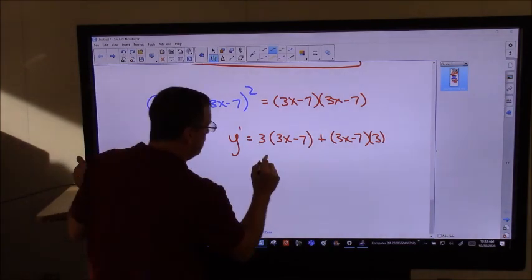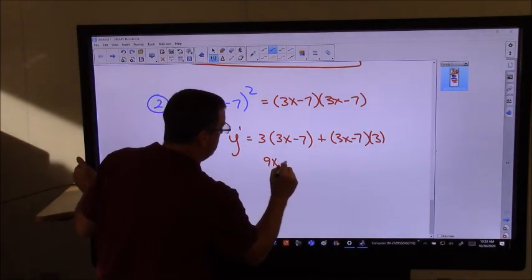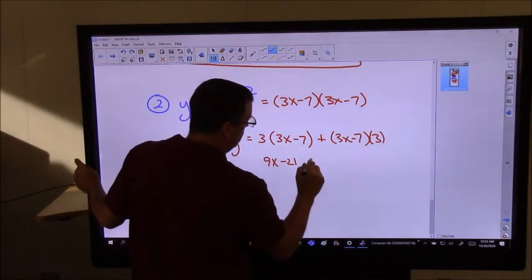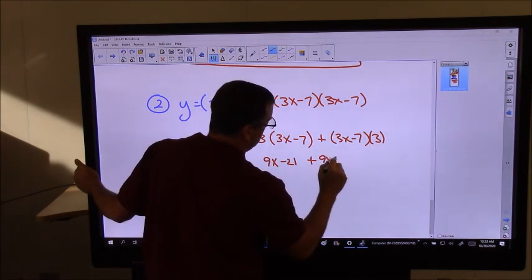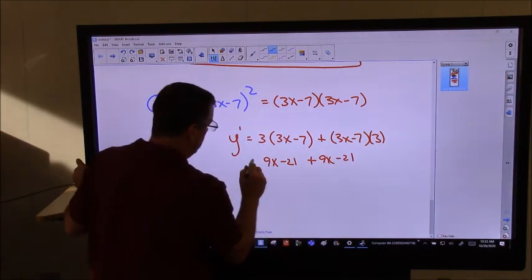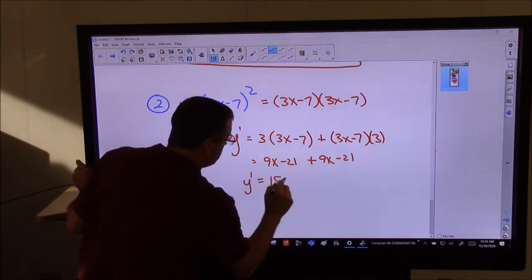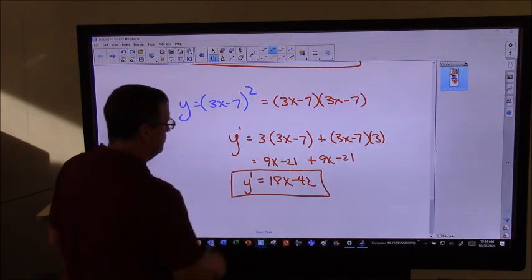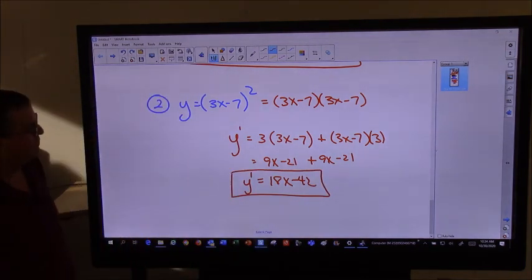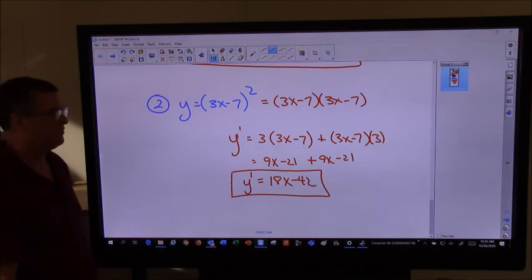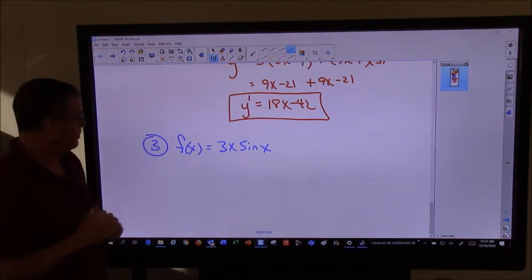So if I distribute this, I would get 9x minus 21. Over here I would get 9x minus 21. And so my answer must be 18x minus 42. There it is.